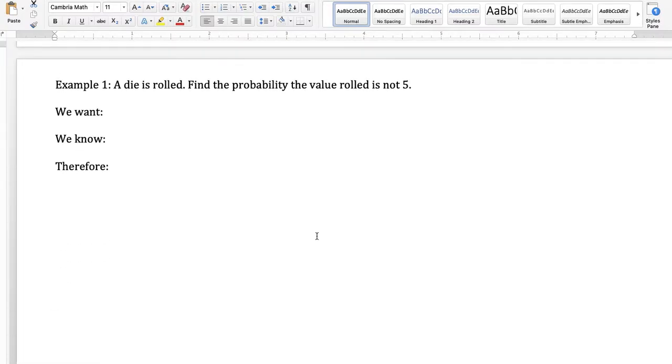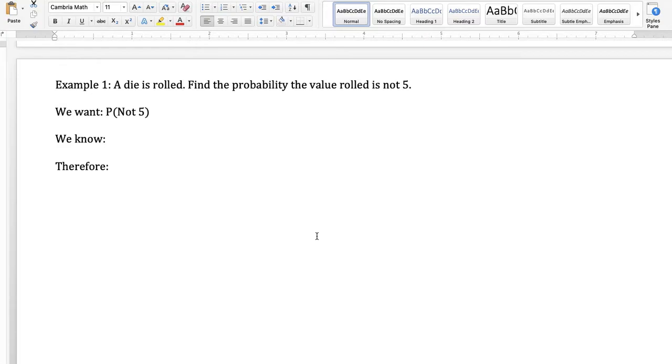We're going to roll a die. Find the probability that the value rolled is not 5. Now we know pretty clearly that we can figure this out, but using this idea, and this is going to help us later on, the possible outcomes for a die are 1, 2, 3, 4, 5, or 6. Each individual value has a probability of 1/6.